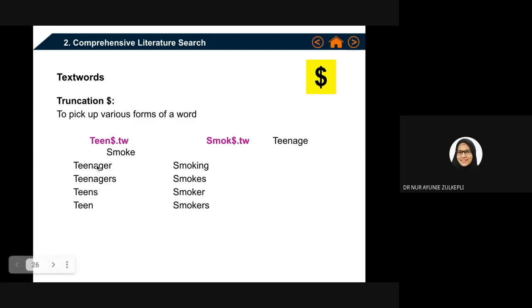It's better than when you put only TEEN, because the database will only give you the literature or paper that is related to TEEN. But actually this is the same meaning, right? So you can use the truncation symbol here, and also the same for smoke. When you put truncation here, smoke, it will generate literature that is related to smoking, smokes, smoker, or smokers, because these are the same meaning.